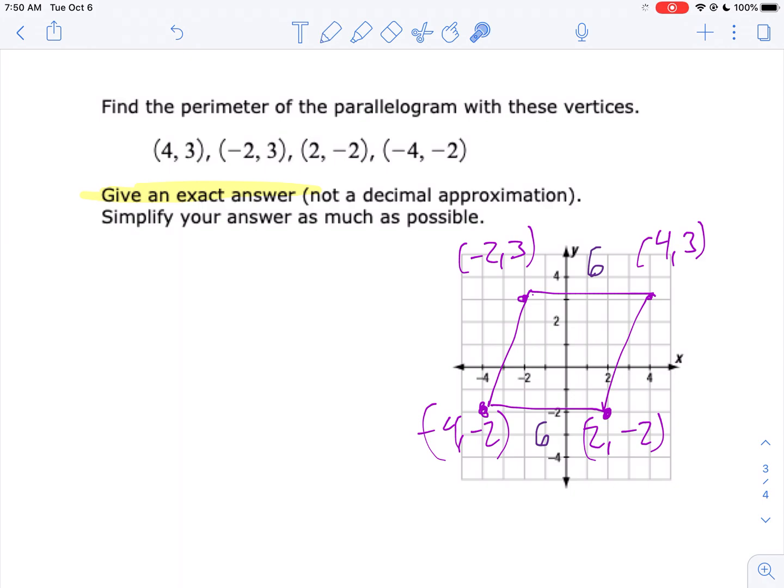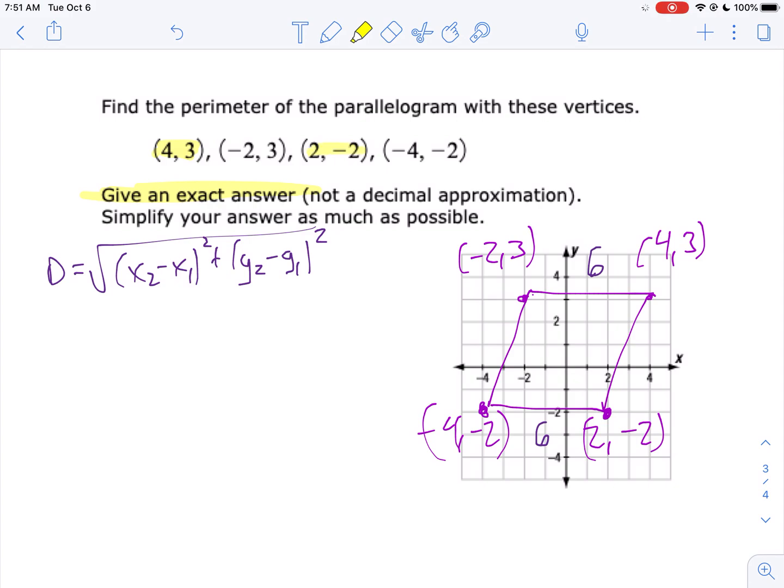Now, to find this length here, you can't count. You have to use the distance formula. So distance equals the square root of x2 minus x1 squared plus y2 minus y1 squared. Let's use 4, 3 and 2, negative 2.